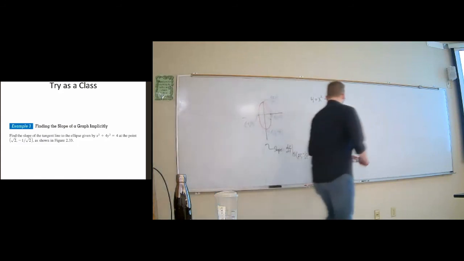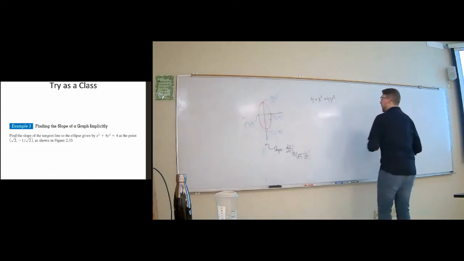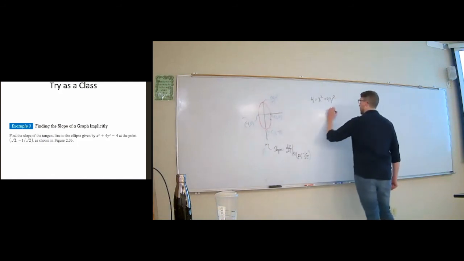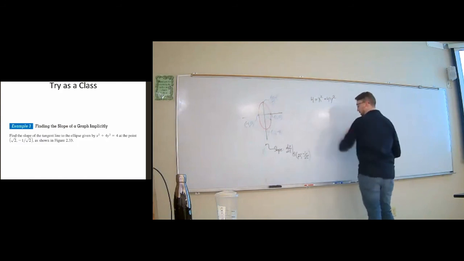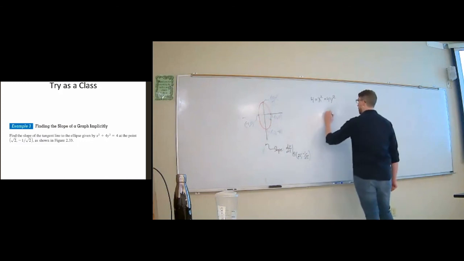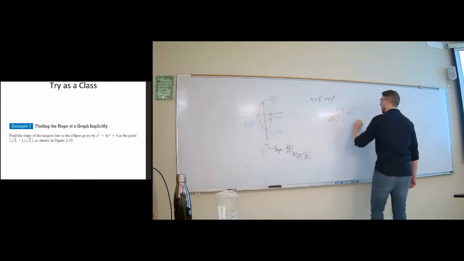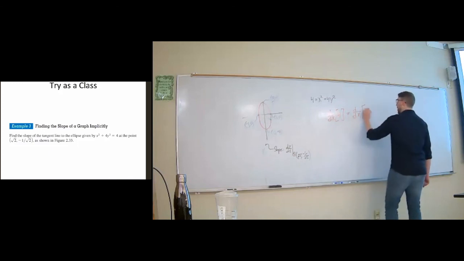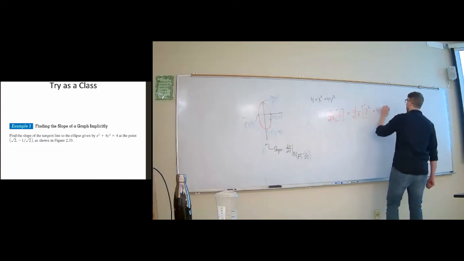So we have to apply the derivative to both sides of this thing now. Can't see green. So that is d/dx of the constant 4 is equal to d/dx of x squared plus 4y squared.